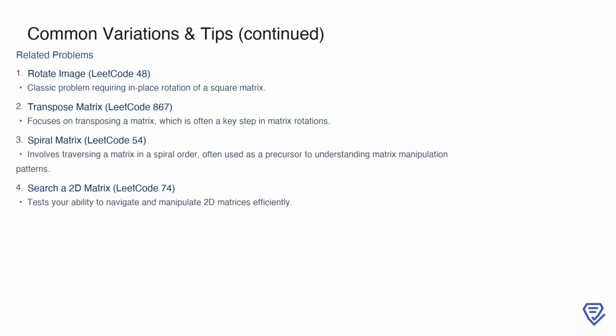Spiral Matrix, LeetCode 54, introduces traversal in a spiral order, which helps build intuition for matrix manipulation. Lastly, Search a 2D Matrix, LeetCode 74, challenges you to efficiently navigate and handle 2D matrices, testing your ability to work with these data structures in practical scenarios. Exploring these related problems can deepen your understanding and prepare you for variations in matrix-related questions.